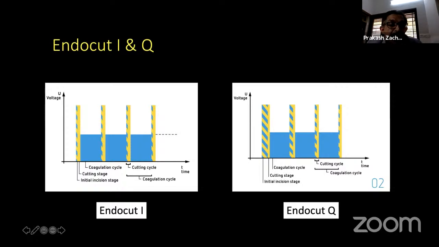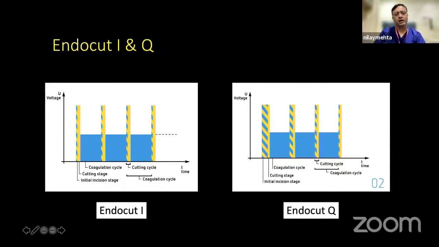And then after that, between the two cycles, there is the coagulation. In the endocut Q, the initial incision point is slightly more than the endocut I. So that is the difference between these two.